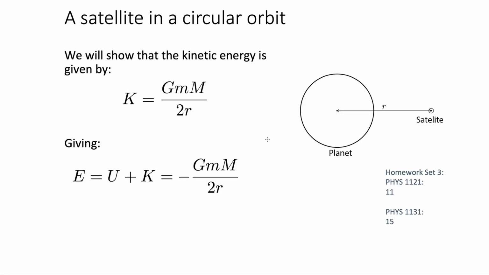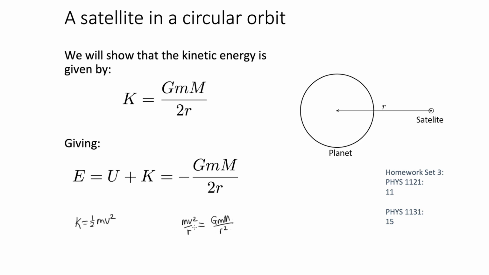Now we can also calculate the kinetic energy of this satellite. So we know that the kinetic energy is given by a half m v squared. Now if we consider the forces acting upon this satellite, which is undergoing circular motion, the only force acting upon it is the gravitational force. So we can say that the net force, which is the centripetal force given by m v squared on r, must be equal to the gravitational force, which is G M m over r squared.